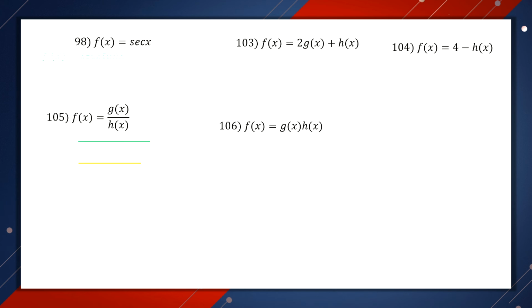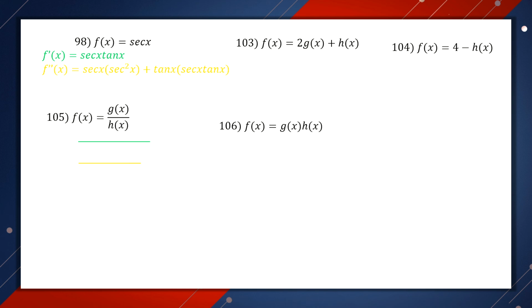And the next question, f of x equal to secant x. F derivative x equal to secant x times tangent x, which is the formula that we talked about before. It's named the trigonometry function review. So we take the derivative again.